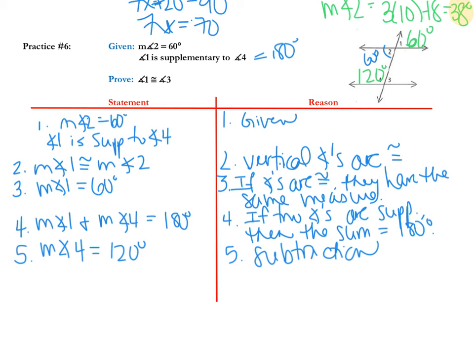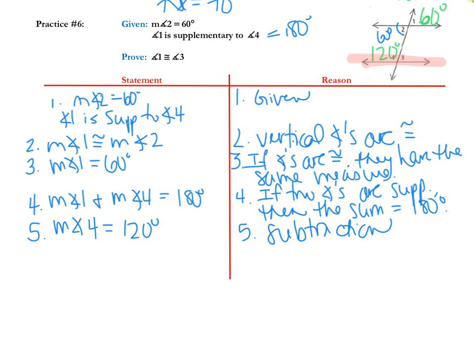Somehow, I need to prove that angle 3 is 60 degrees. Well, if you notice, angles 3 and 4 create a linear pair. What do we know about a linear pair? A linear pair adds up to 180 degrees. So, step 6. Angle 4 plus angle 3.